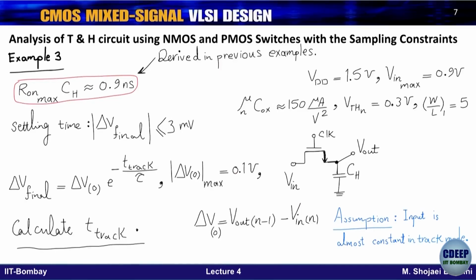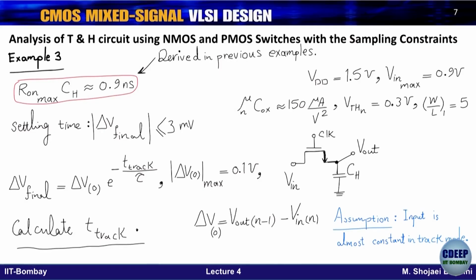So here, in example 3, which is based on the previous examples, as I told you, we can also define the final value of the error, which is the difference between the input and output when the switch turns off or is open, as an absolute value. For example, here I have given 3 millivolt as the margin for the error. It should not be more than 3 millivolt, and that defines the settling time.